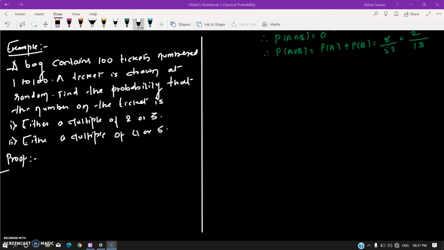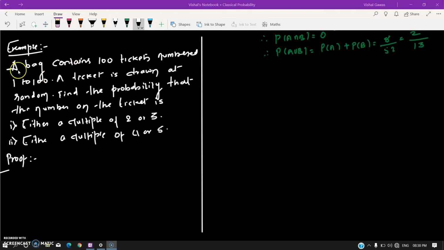The tickets are numbered from 1 to 100, and you are drawing a ticket at random. What's the probability that the number is a multiple of 2 or a multiple of 3? And second, what's the probability that it's a multiple of 4 or a multiple of 5? It's a very simple problem.